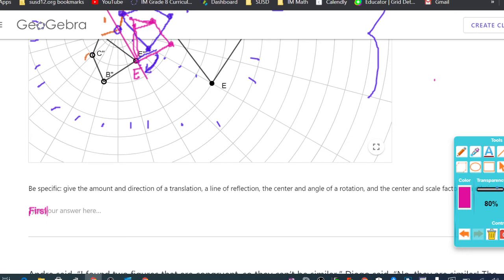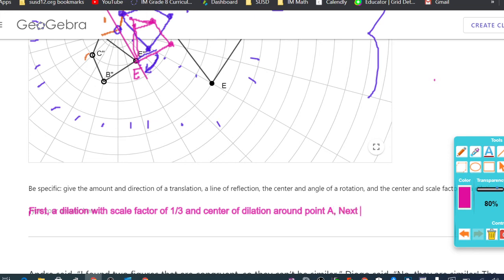Okay, let's type it in. First, a dilation with scale factor of 1/3 and center of dilation around point A.